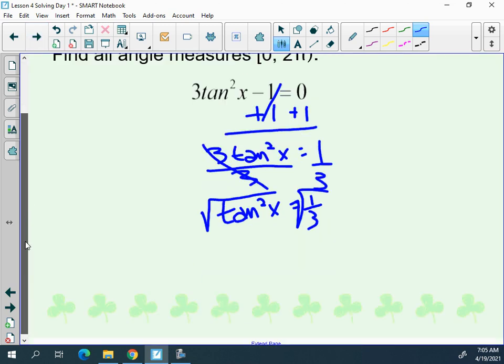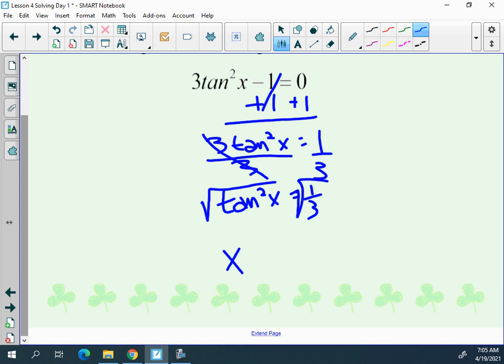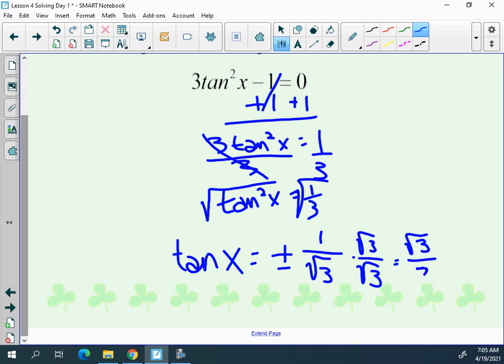Now, that's going to get us our tangent x by itself. We've got to remember plus or minus. And the square root of 1 is 1, whereas the square root of 3 is just the square root of 3. And then normally we would rationalize that. To do that, we'd multiply by the square root of 3 over the square root of 3. And that would get us the square root of 3 over 3, plus or minus.